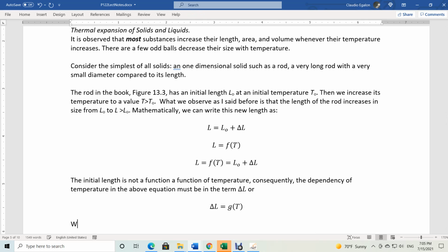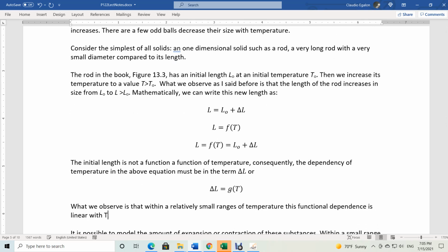What we observe is that within relatively small ranges of temperature, this functional dependence is linear.